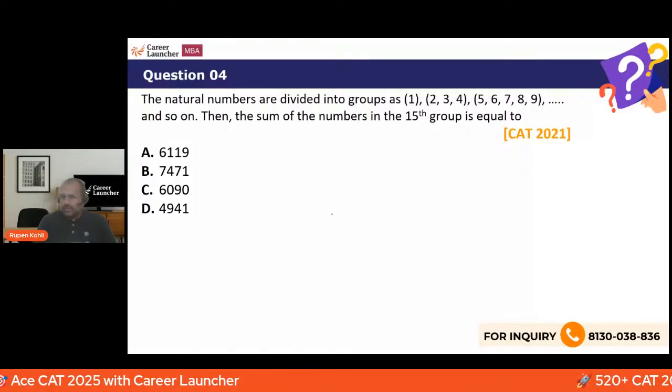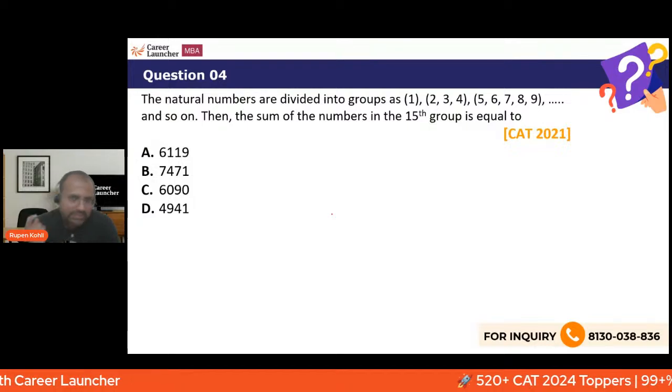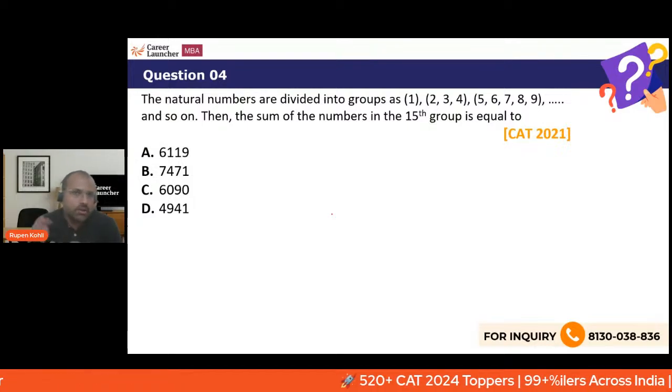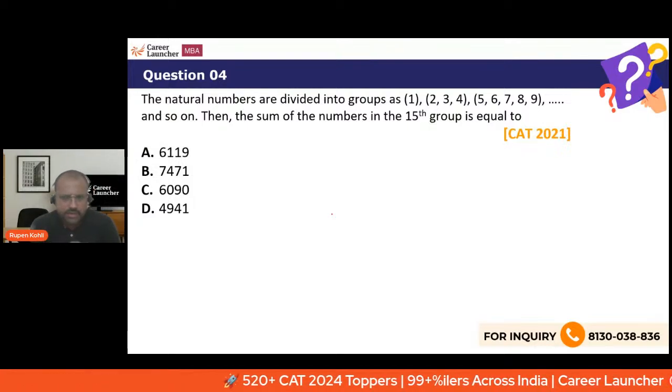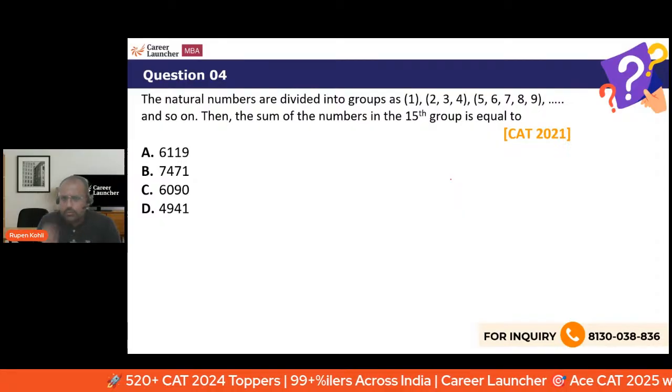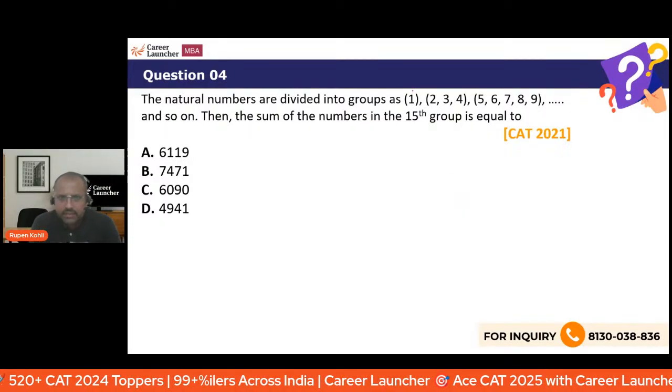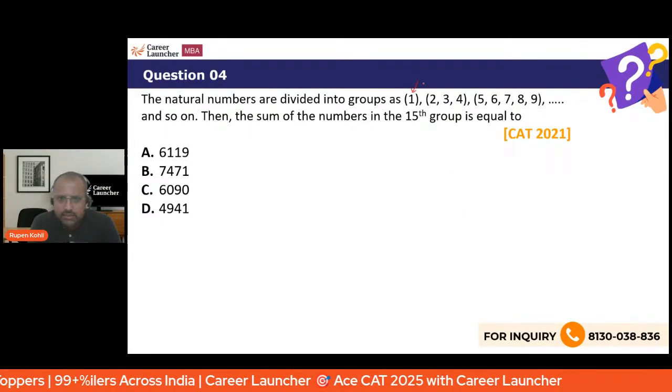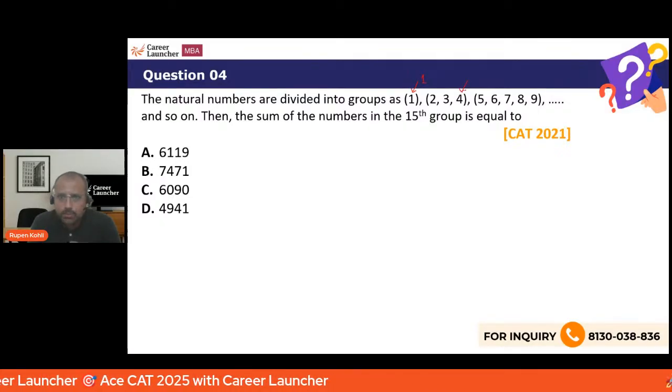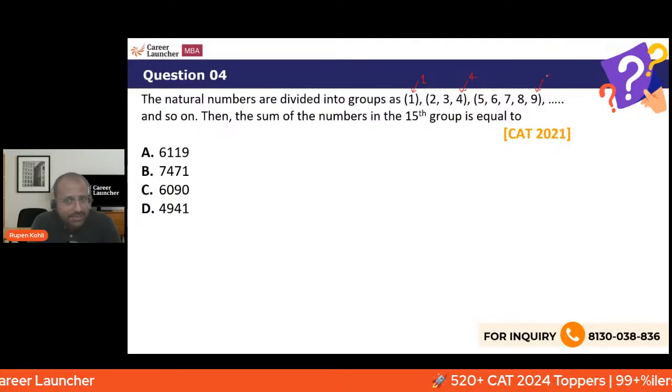Well, I think we have already seen this, that the sum of the first n odd natural numbers is n square, right? So it is not difficult to identify that the first group ends with the number 1, the second group ends with the number 4, the third group ends with the number 9.